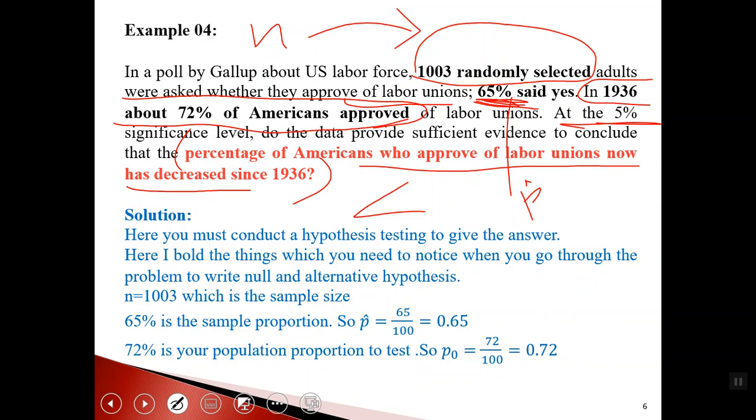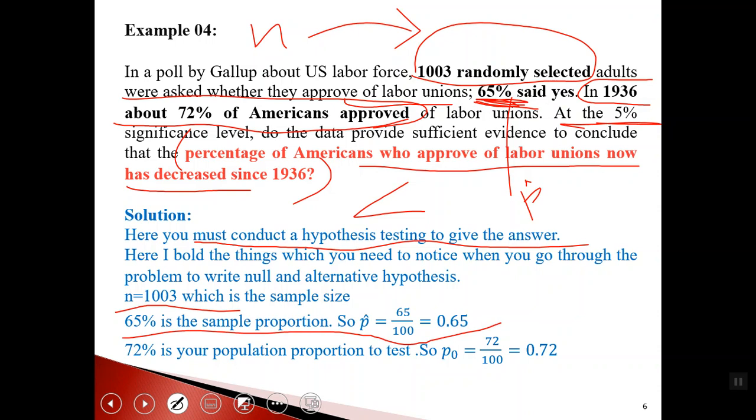Okay, let's go one by one. First, you have to conduct the hypothesis test to solve this problem. Sample n, I told you, it is 1003. Okay, they have given p hat. P hat is 65%, which means simply 0.65.